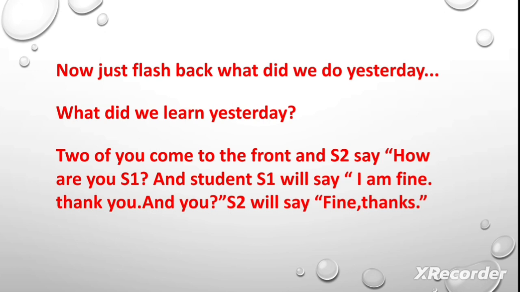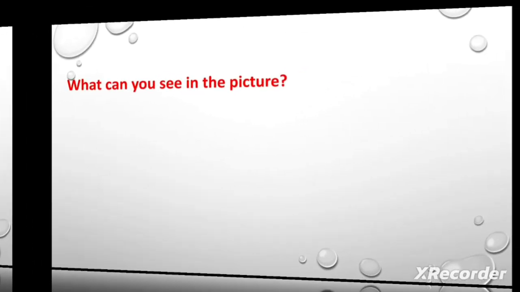At first, one of you says, "How are you?" The next one says, "I'm fine, thank you. And you?" Then the first one says, "Fine, thanks." I hope all of you will be able to do the task quite nicely. Thank you very much for responding nicely.